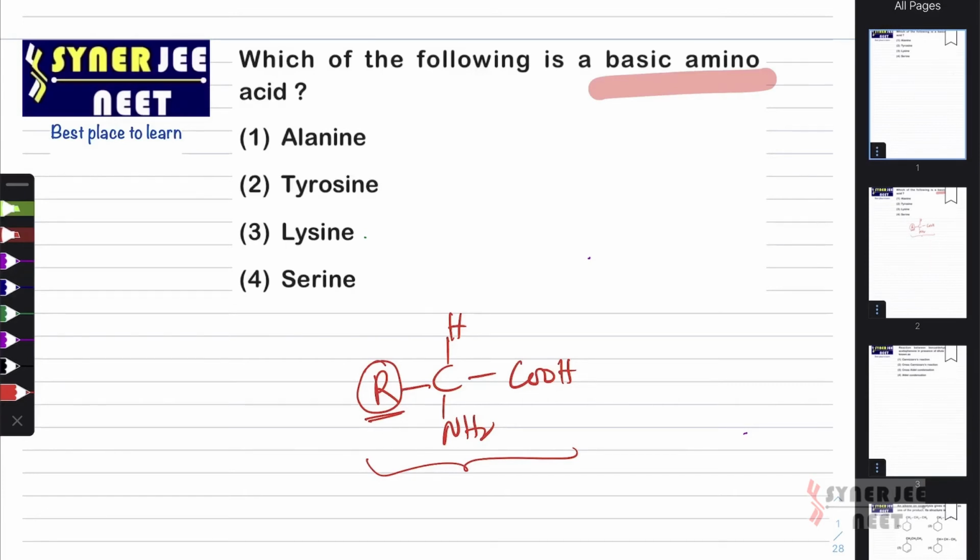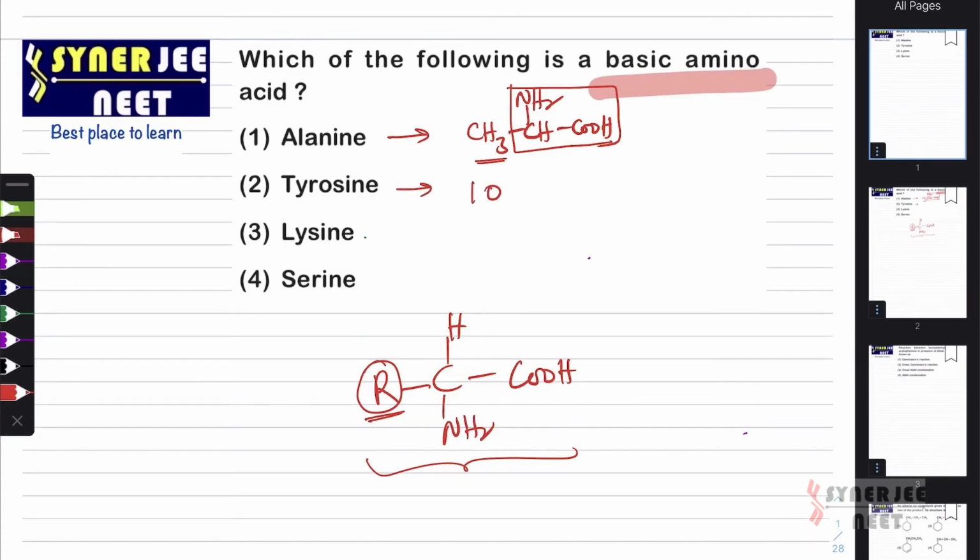Now, if you look at the alanine structure, it is a methyl group and CH, COOH and NH2. This group is anyway common in all amino acids. If you put them apart, then what is remaining is CH3 here. And the overall compound does not have 2 NH2 groups to be called a basic amino acid. So eliminate it. Now tyrosine.